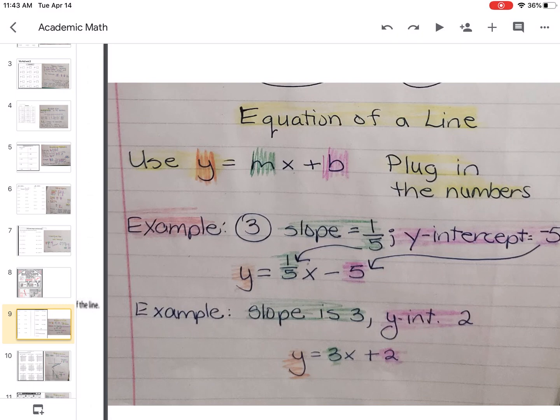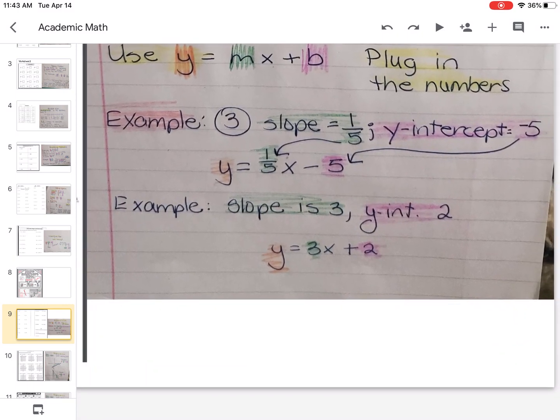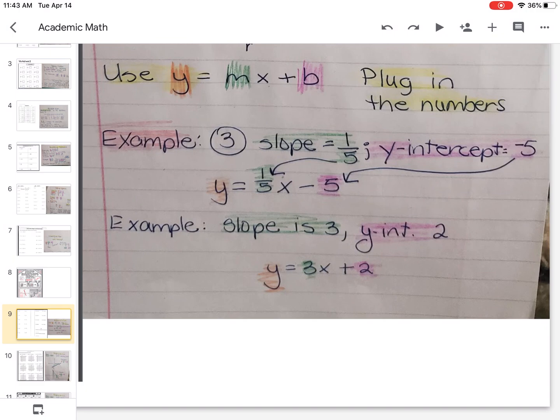So remember, here's an example, right? Looks like the one we just chose. Slope equals 1/5. We know the slope goes right there in front of that x. The y-intercept is -5. It goes right there where the pink 5 is. Is it always going to go there? Yep. So you're just plugging those in, okay?